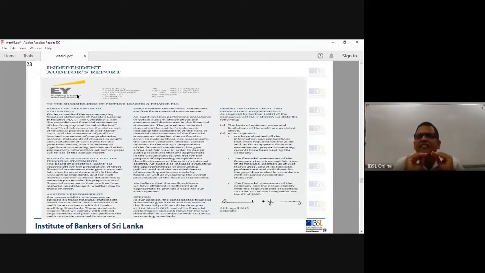Everything is available in an annual report. It is better if you read two or three annual reports and compare bank to bank. That is always best. But at least go through one audited annual report.